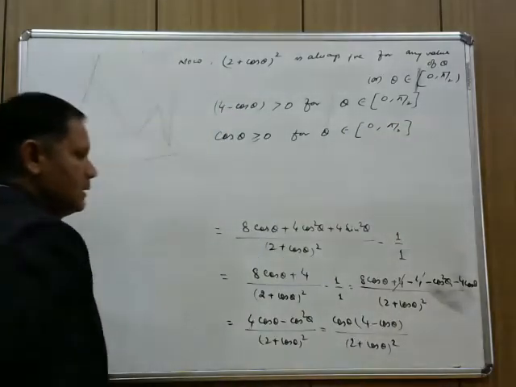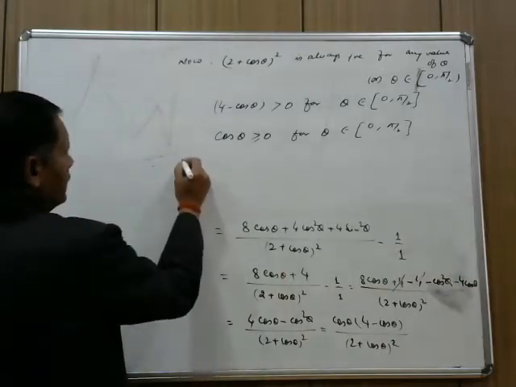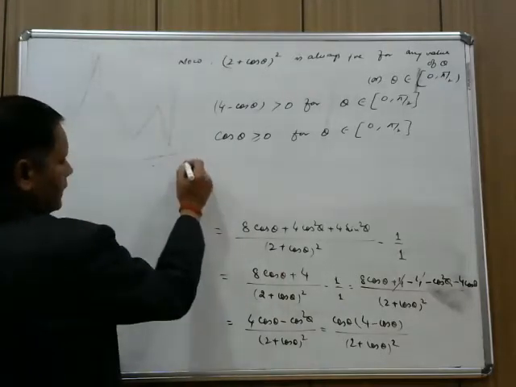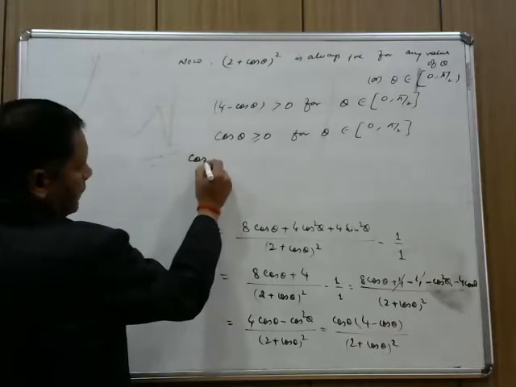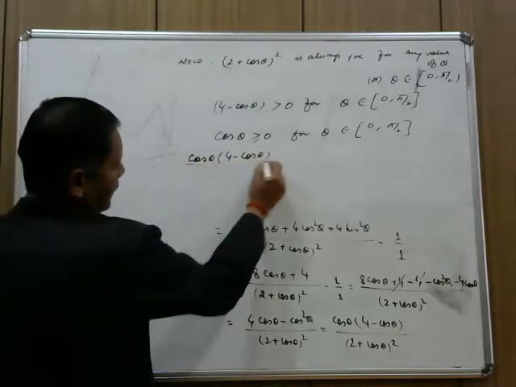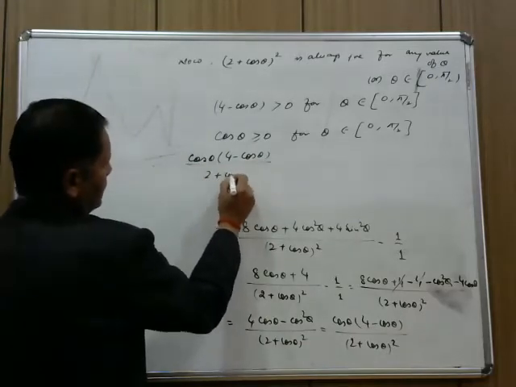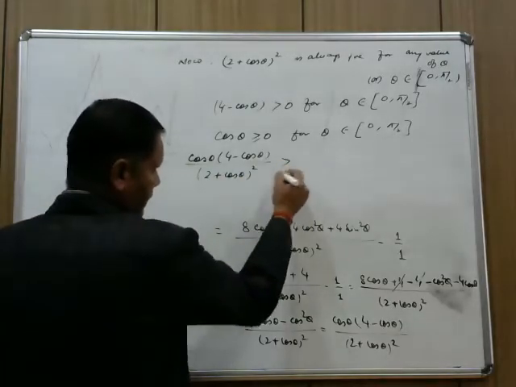Therefore we have the conclusion that dy by d theta, equal to cos theta into (4 minus cos theta) divided by (2 plus cos theta) whole square, is greater than 0.